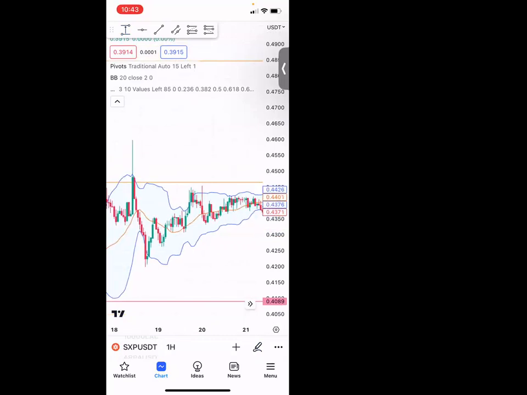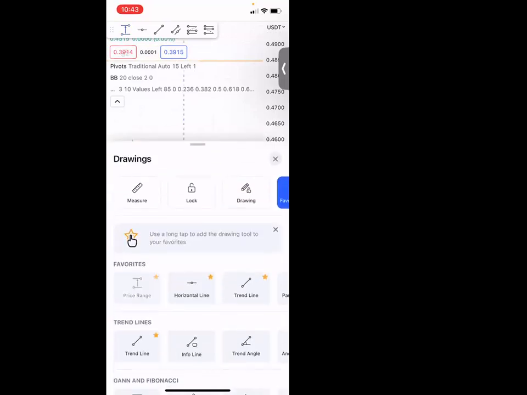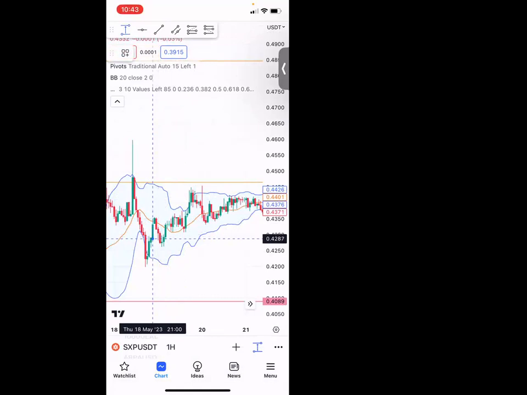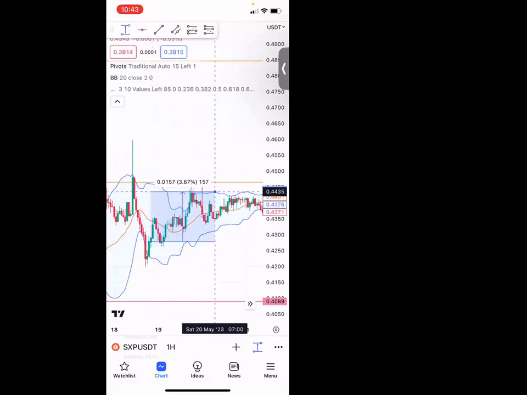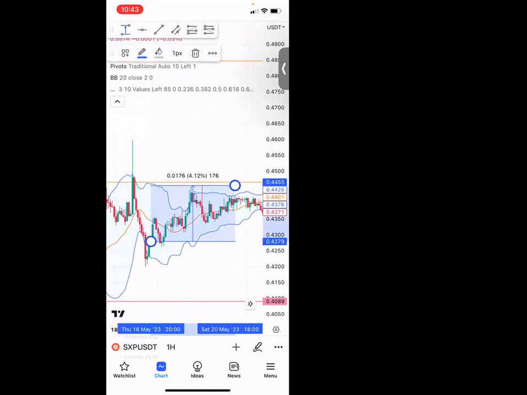But you can even see it moved up, trying to hit the upper band, though it will take a little longer. So if someone targeted a 3 or a 4%, they would still sell.